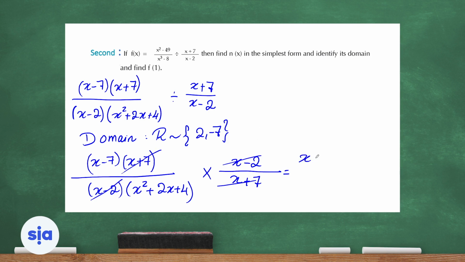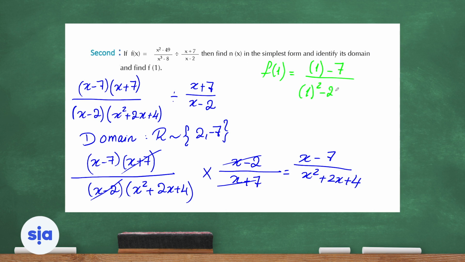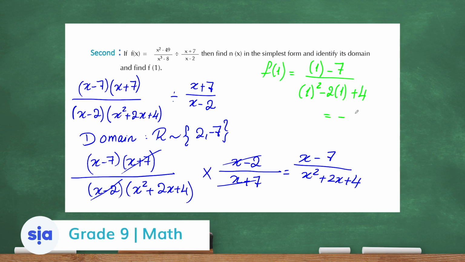What is left for you is x minus 7 over x squared plus 2x plus 4. Last part is to find f of 1. We go to the simplified one and we substitute x by 1. So it's 1 squared times 2 times 1 plus 4. So the answer is negative 6 over 7.